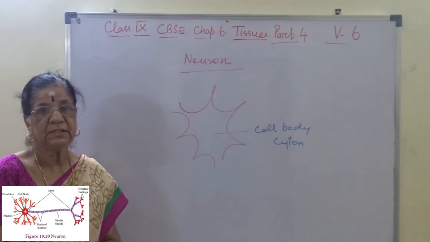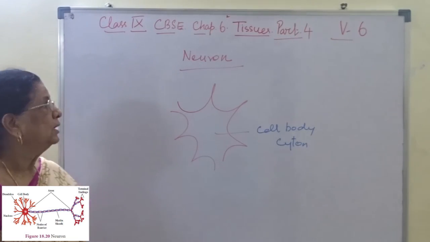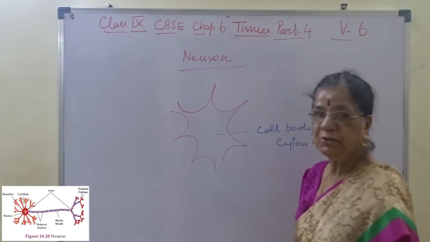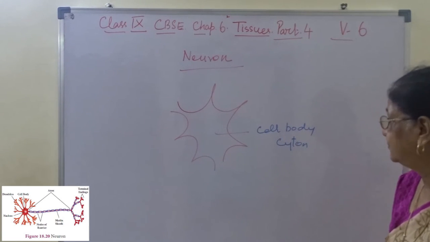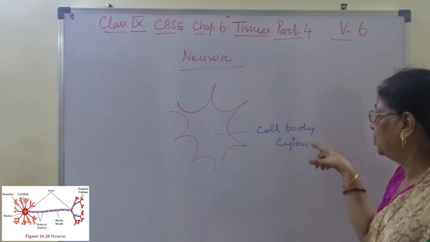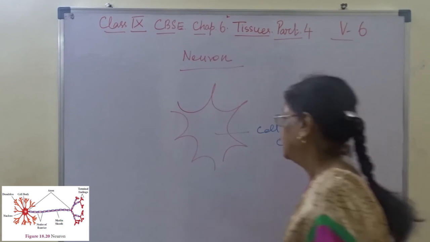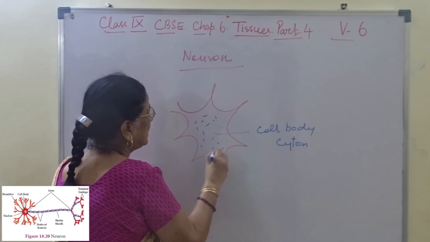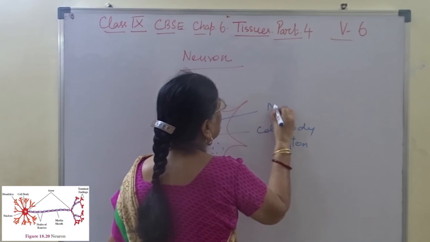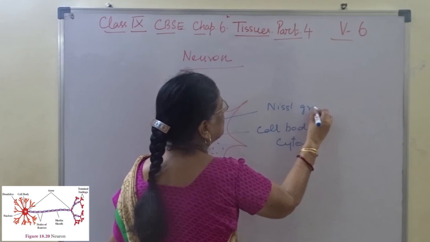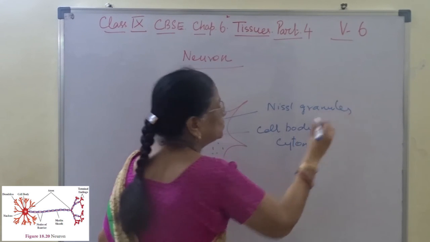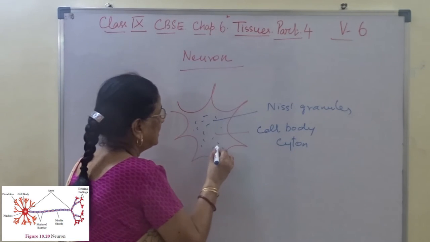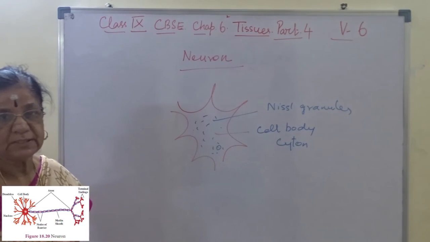So, this structure of nerve cell is also called neuron. This neuron is formed of a central cell body or cytosol. This central cell body has numerous granular structures called Nissl granules, in the cytoplasm, and then it has the nucleus.